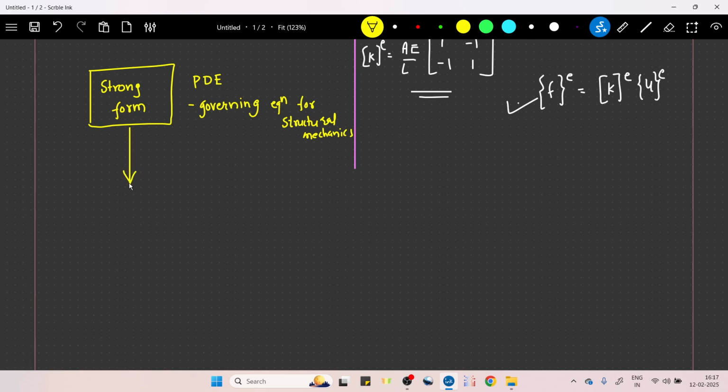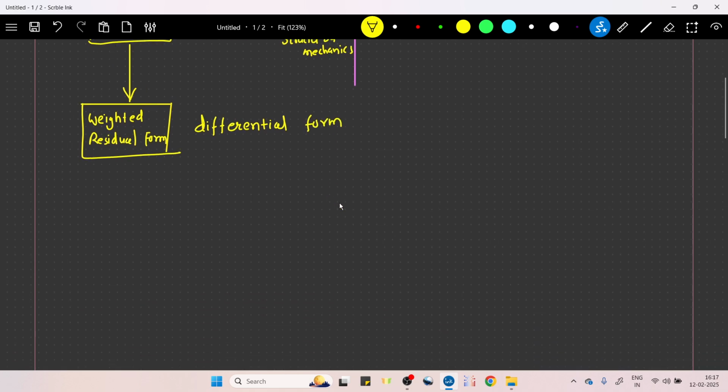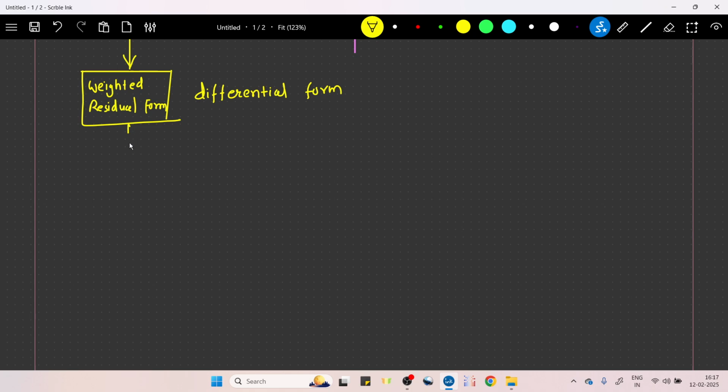Once we have the strong form, we get something called the weighted residual form, and this is also a differential form. Once we have this, we get the weak form.